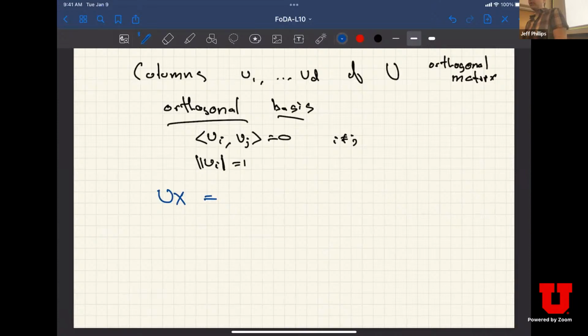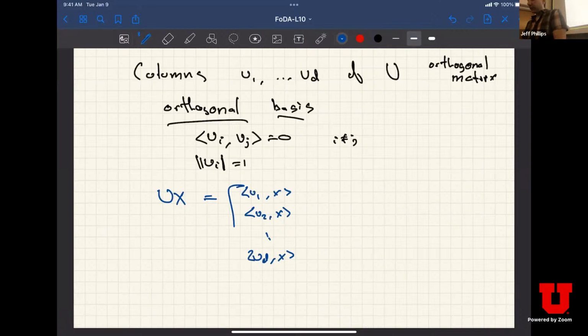What I'm really doing is getting a new vector, which is u1 dot x, u2 dot x, up to ud dot x.